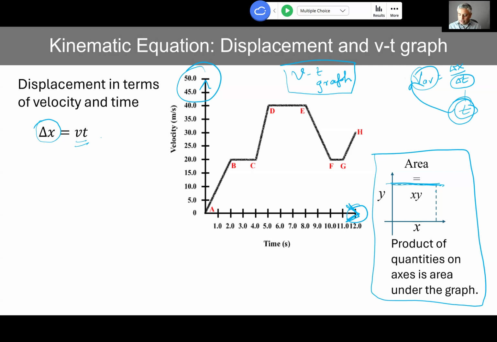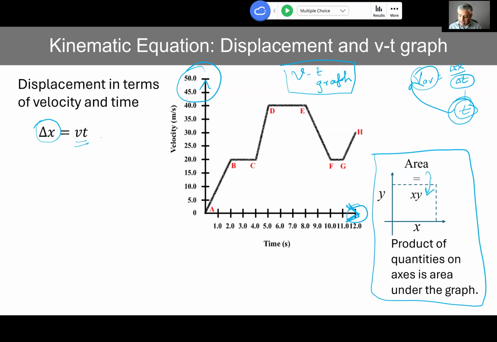If I find the area under it, this is going to be the area under. And what's the value of that area? You just multiply this y by x. So the product of these two axes gives you area. Okay?